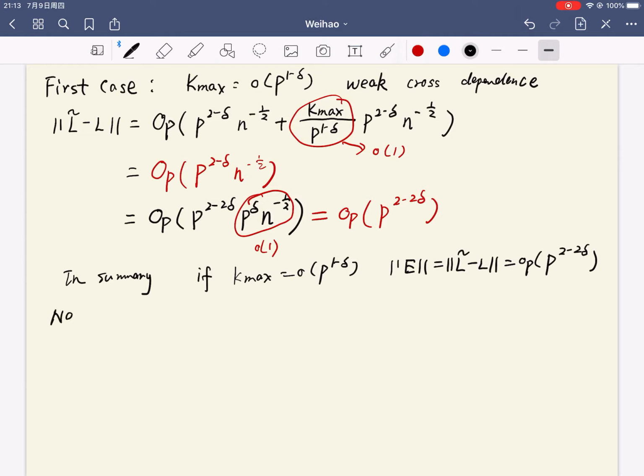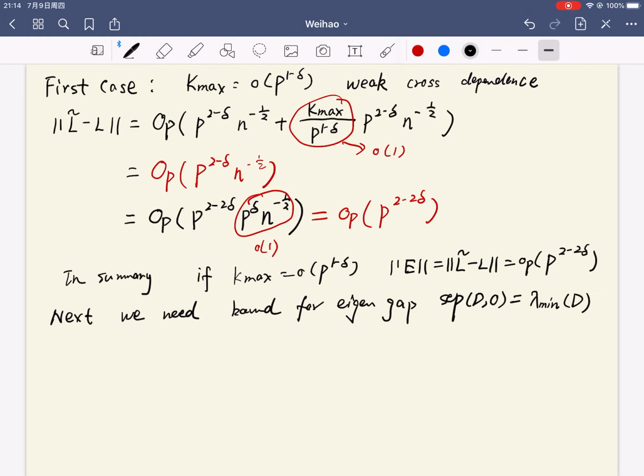Next, we need to find the bound for the eigengap, which is suppression D and 0, and also it's equal to the minimum eigenvalue of matrix.